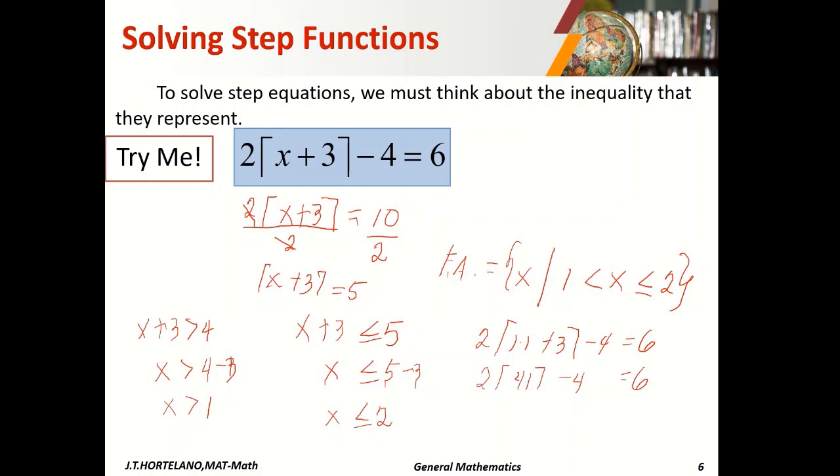What's the ceiling of 4.1? The ceiling of 4.1 is 5. Okay? So this will become 2 times 5 minus 4 is equal to 6. 2 times 5 is 10, minus 4 is equal to 6. So therefore, 6 is equal to 6. And you are correct. Okay?